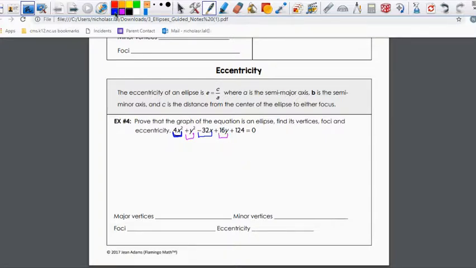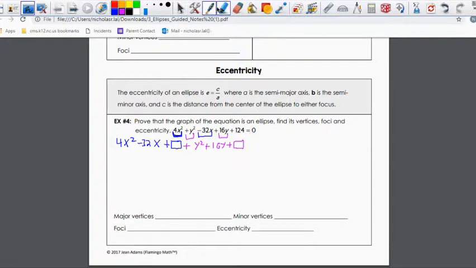All right. So I'm going to have 4x squared minus 32x, and I'm going to have to complete the square here, plus y squared plus 16y, and I'm going to have to also complete the square.